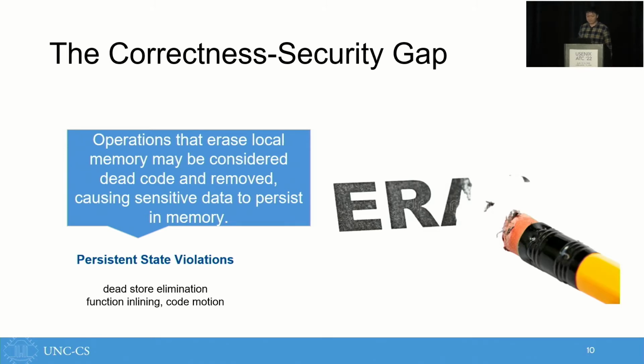And finally, we have persistent state violations, where developers would erase secure data or verify the code that deals with secure data. But the compiler would then use either dead store elimination or function inlining optimizations that keep the data available in memory beyond their design scope.